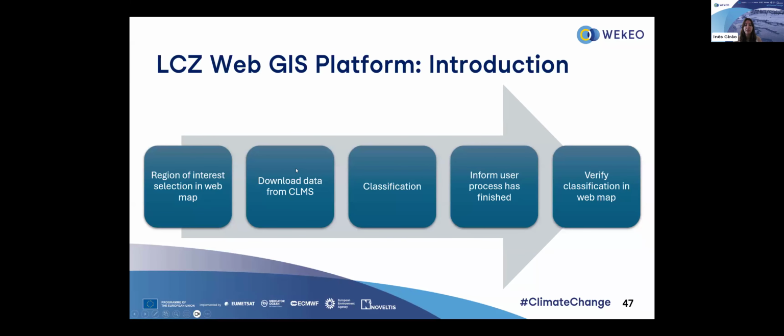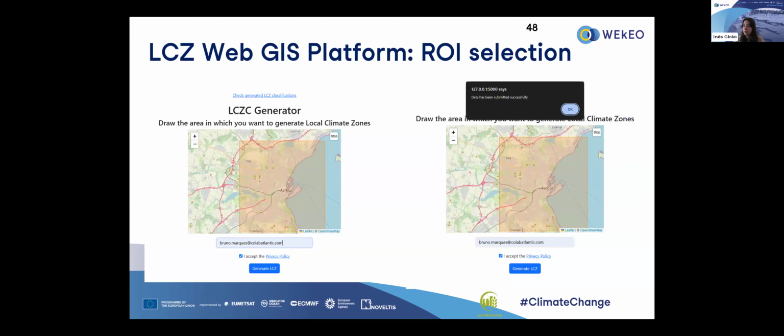Now, to make LCZ mapping more accessible to everyone and operational, we are building a platform. This platform will allow users to generate LCZ classifications for any European region of interest through a graphical interactive interface.